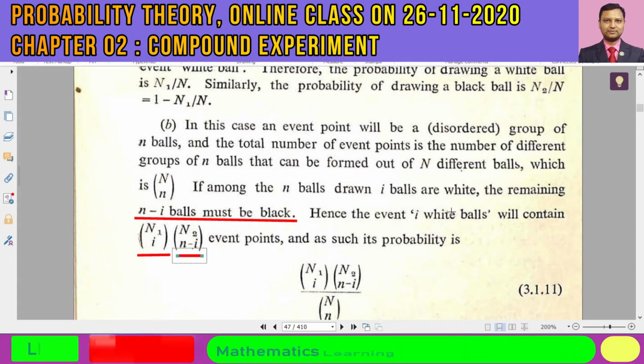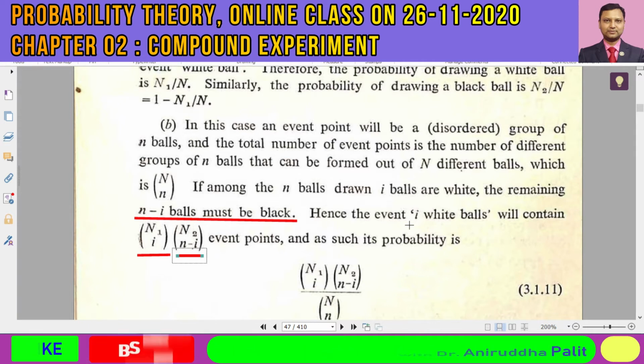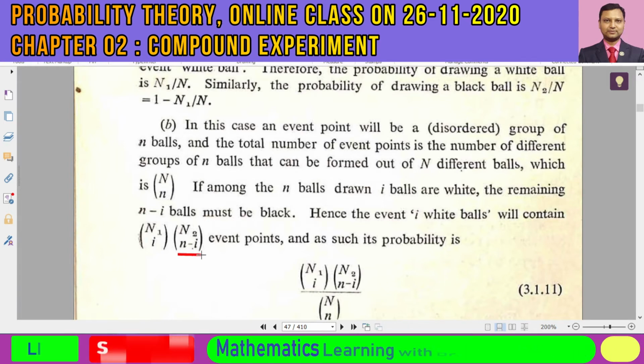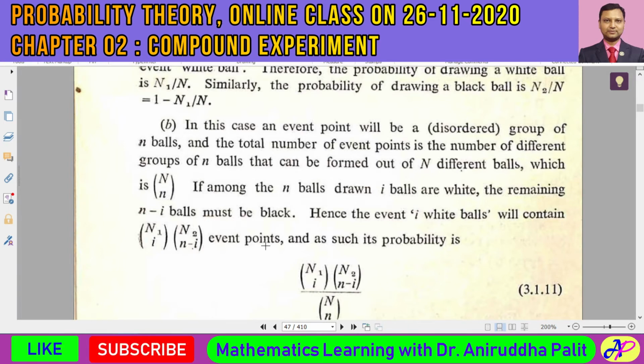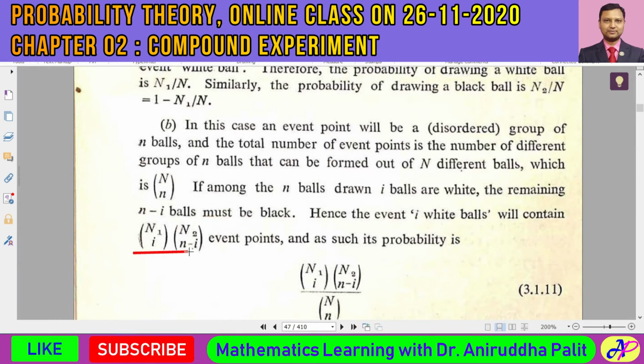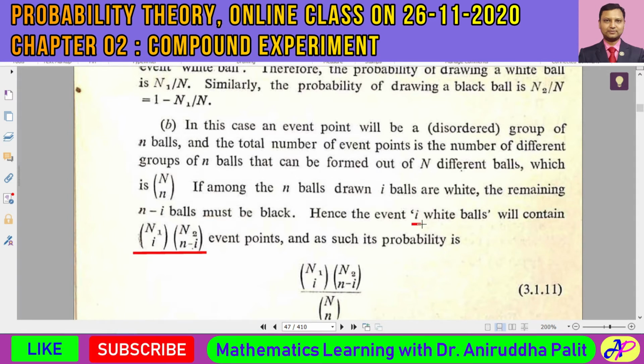So altogether I white balls and n minus I black balls can be chosen in this many different ways. So this is the number of event points favorable to the fact that I white balls are chosen.